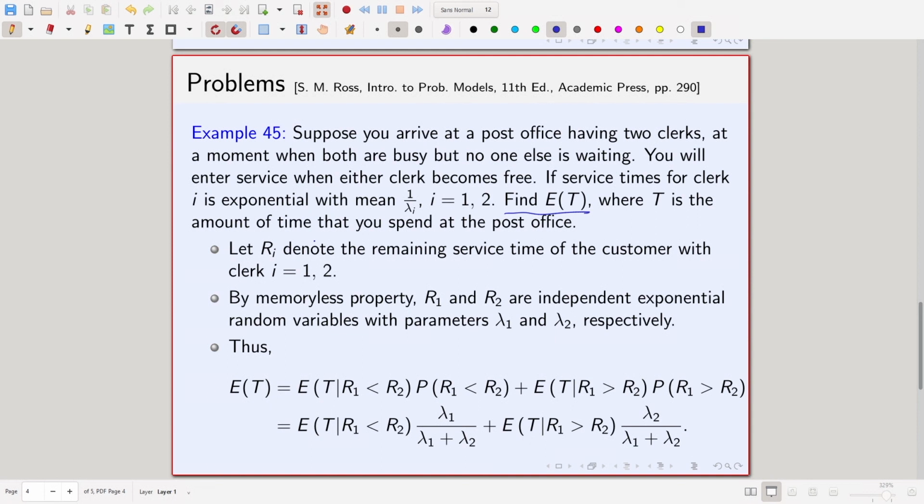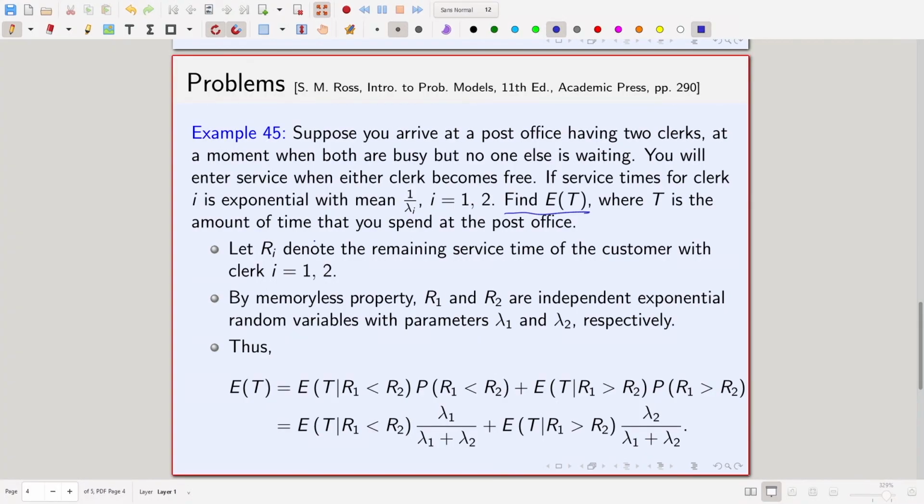Once one of the clerks becomes free, you go to that clerk, you get your service, and then finally you leave. So if T is the total amount of time that you spend in the post office, this question is asking you to find E of T, or expectation of T, or mean of T. Fine.